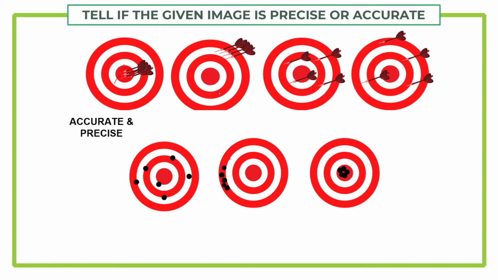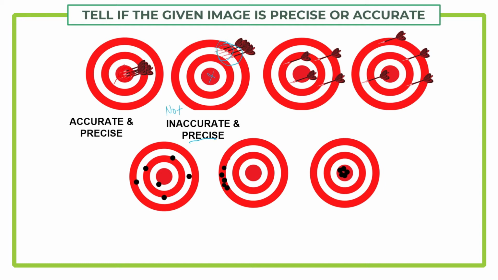Next one is inaccurate and precise. When we say inaccurate, this is not accurate, meaning the darts did not hit the center. But they are precise because they are close together.